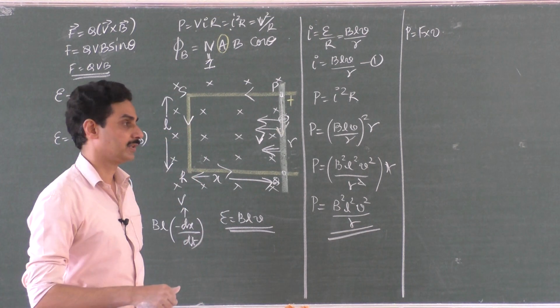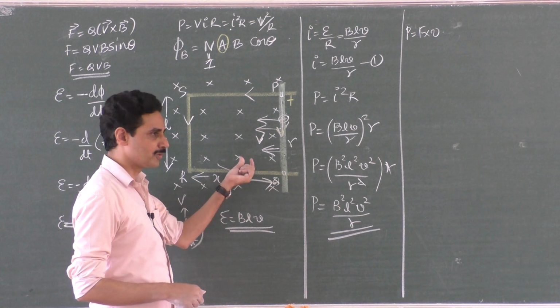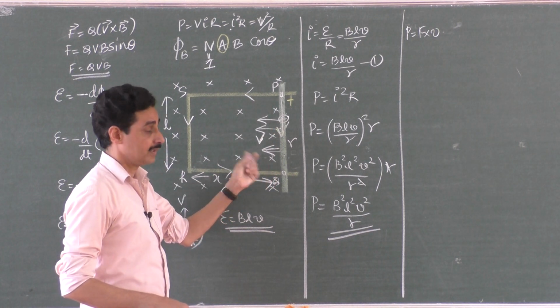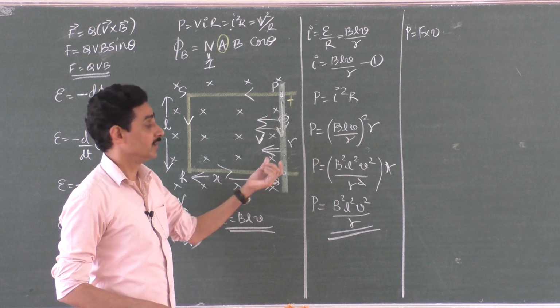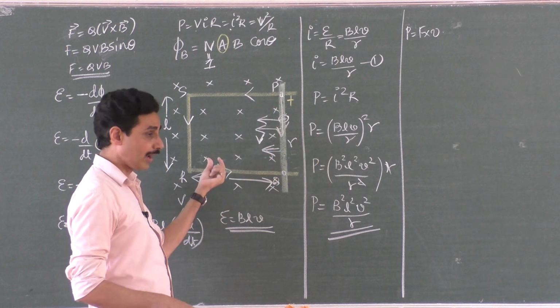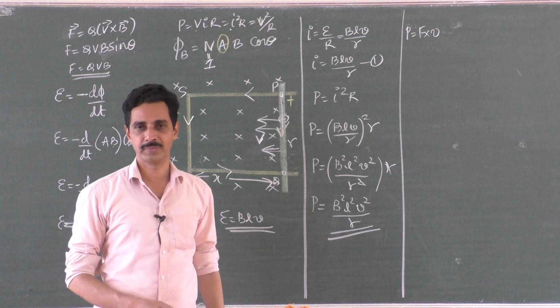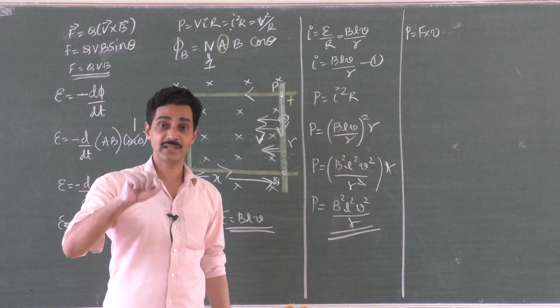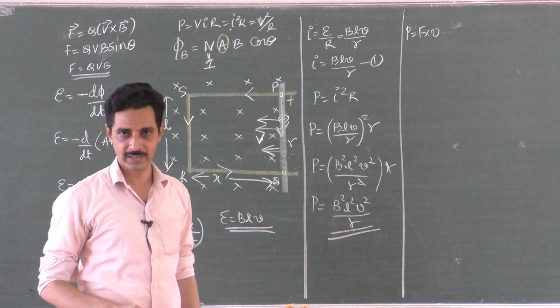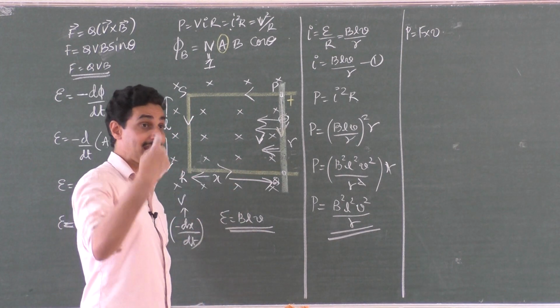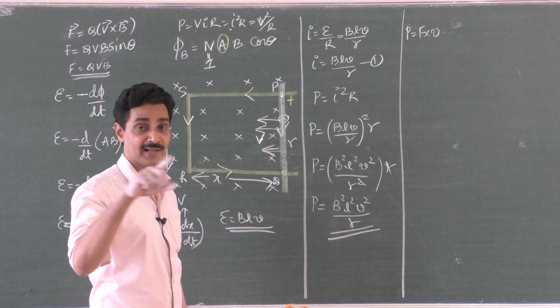How come the net force on it is 0? As soon as you move it, there is an induced current in the conductor, and that develops a force on the other side. So in order to balance that force, you have to apply a force, make the net force 0 and make it move with uniform speed. Only when the net force acting on a body is 0, it moves with uniform speed. You know that? So we will apply a force against the force developed because of the conductor carrying current.